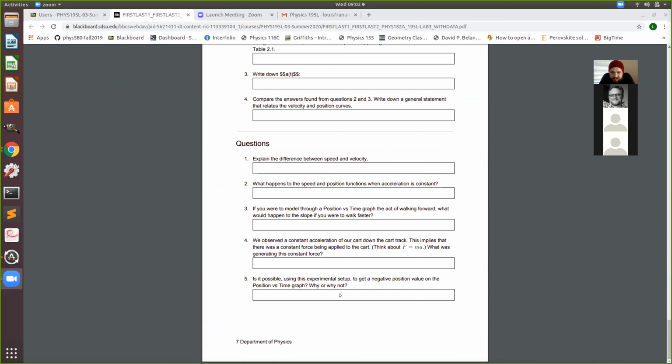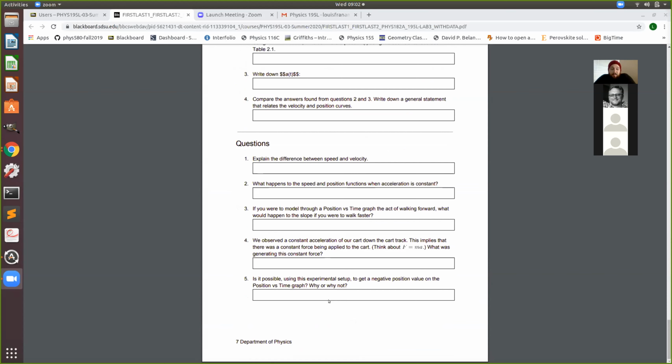Okay, so as far as the negative, is it possible using the experimental setup to get a negative position value on the position versus time graph or not? Sure, it's totally possible. It really just depends on where you decide to put your 0.